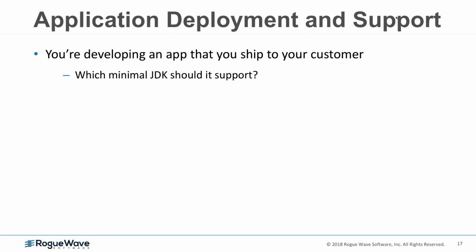Okay, but the other side of the coin, like which latest JDK should you support? So 10 is out, there's going to be 11 out, you're shipping your stuff, your minimal version is, let's say, 7 or 8. What about the new versions that are constantly popping up? Well, I think the good news there, if you're developing and maintaining software, you don't really have to support the very latest and greatest because your customers probably haven't moved to it either.